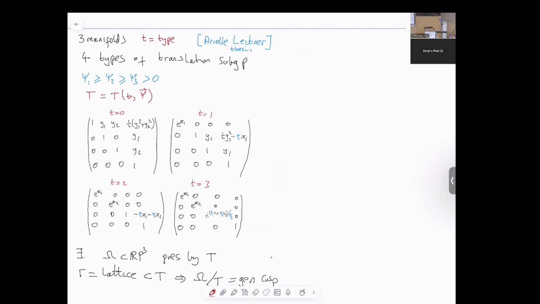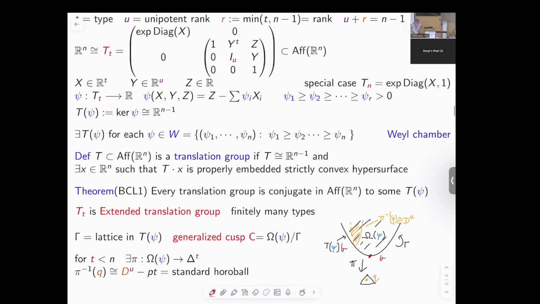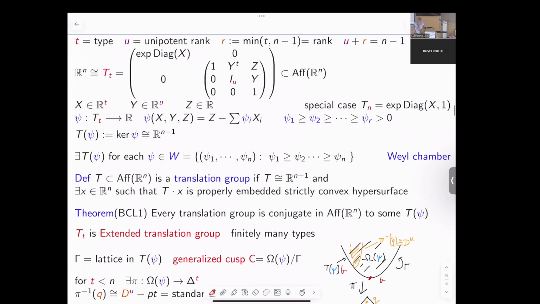It's an affine group, and it depends on three parameters, psi1, psi2, and psi3. These are positive numbers. And then there are these two other families. So in dimension 3, she discovered four kinds of translation group. And so in dimension 3, a generalized cusp is given by a lattice in one of these four types of Lie group. So this leads to the classification of generalized cusps.